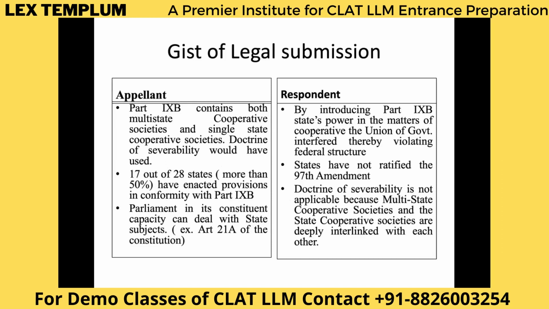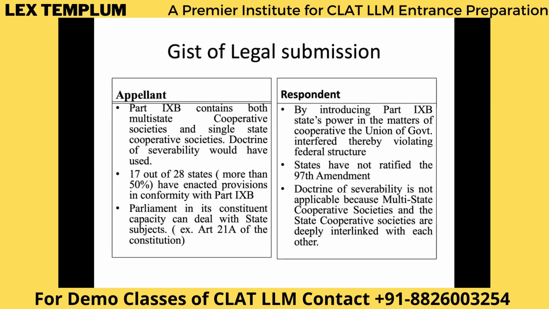And the submissions of the union were that 17 out of 28 states, more than 50%, have enacted provisions in conformity with Part 9B. So even though the procedural criterion of ratification is not fulfilled, the states have in effect accepted it.